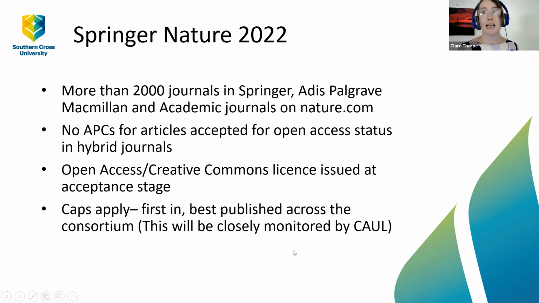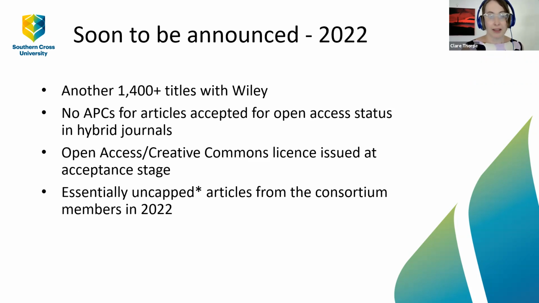And the third one, which hasn't hit the media yet, is a read and publish agreement that we have accepted with Wiley. Again, another substantial read and publish agreement. There will be another 1,400 journal titles included in that from Wiley's hybrid suite. Again, you can publish open access with no APCs.